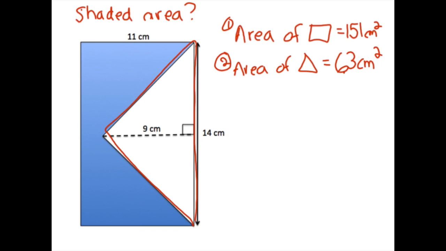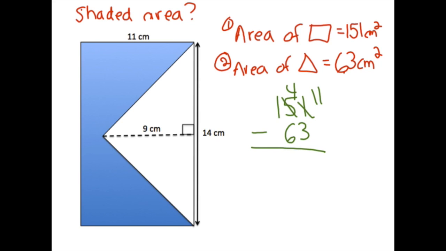In order to get the area in blue, or our shaded area, we have to take the entire area, or the area of our rectangle, which is 151, and we have to subtract the white space, the white area, or the triangle, from the total area. So we're going to do 151 minus 63.